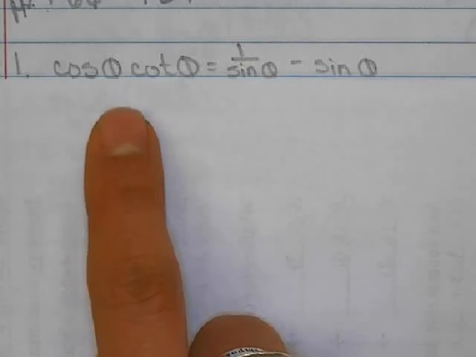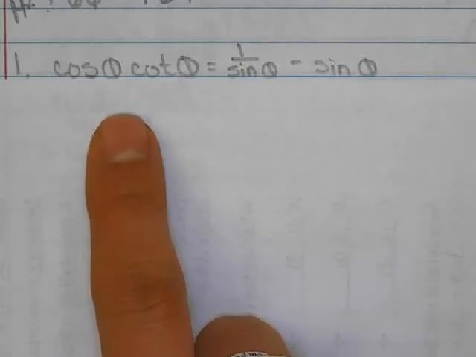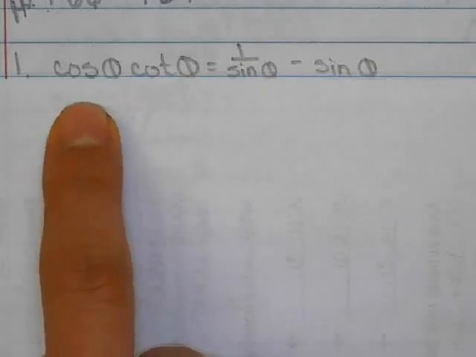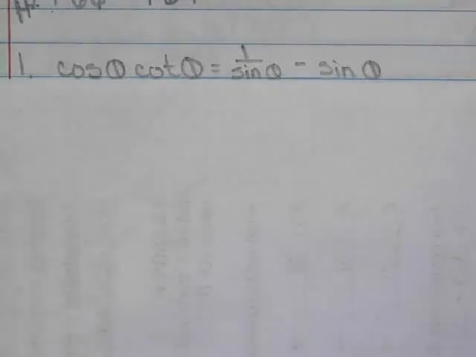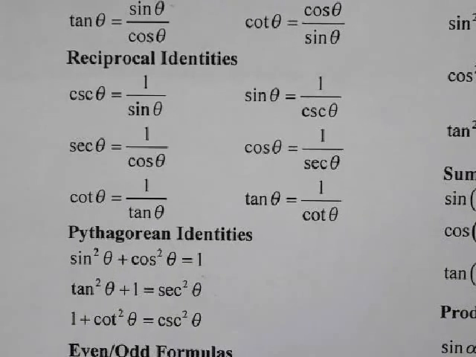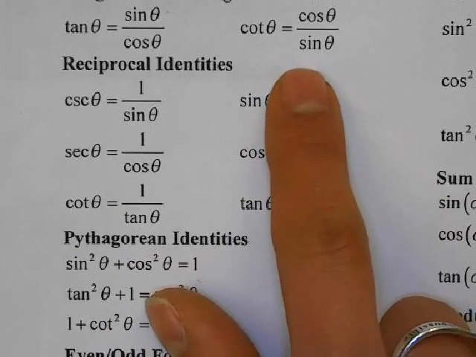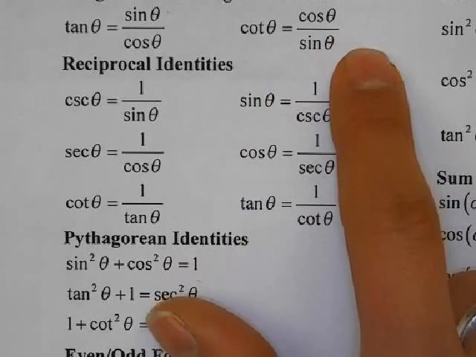Now another guideline when you verify identities is that you need to try to make everything look like sine and cosine. So with this cosine here, I'm going to leave that alone, but I'm going to change the cotangent. I know from my identity sheet that the cotangent is equal to cosine over sine.